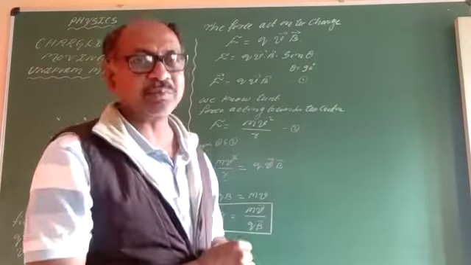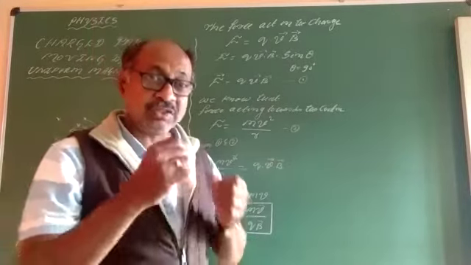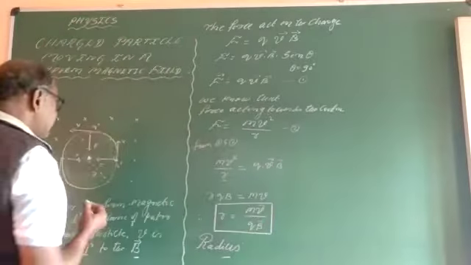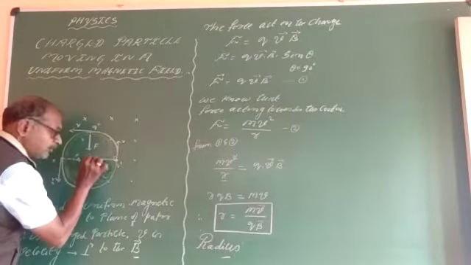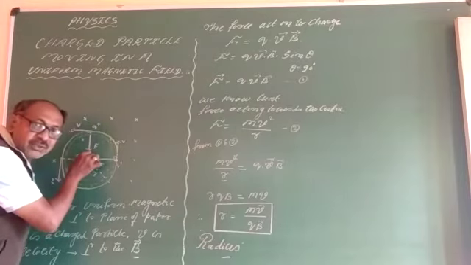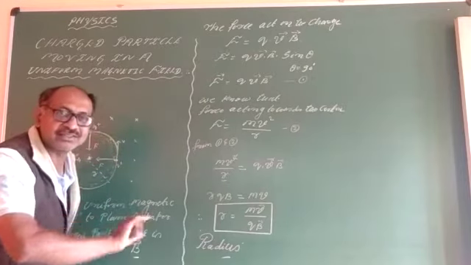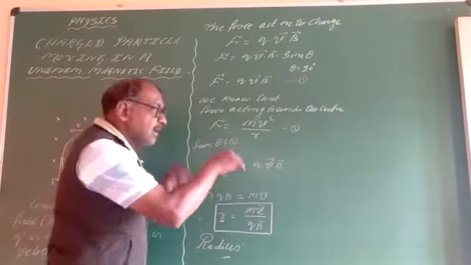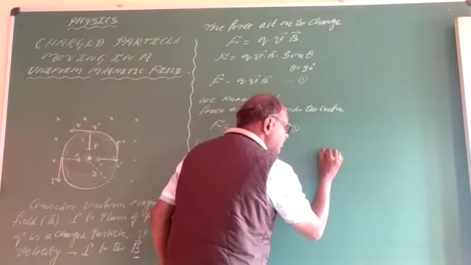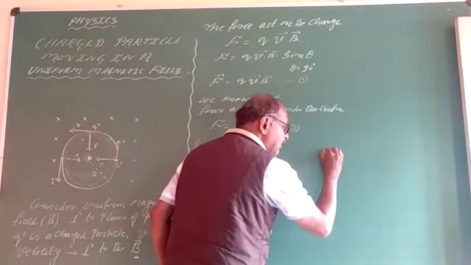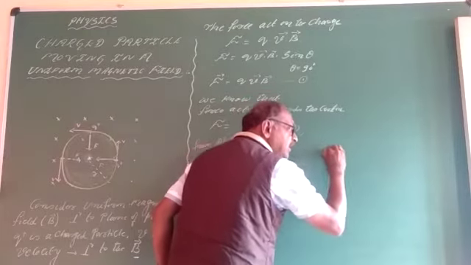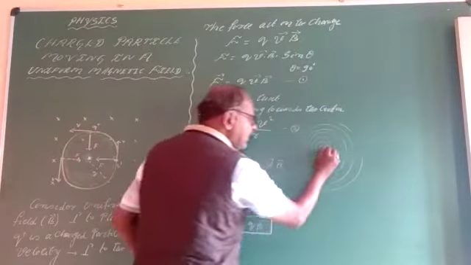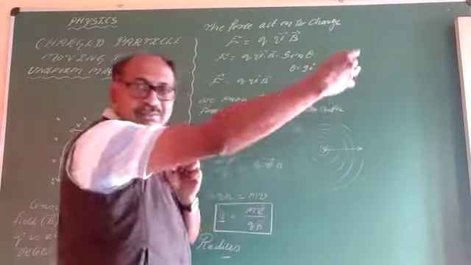Another important concept is that if the velocity is very slow, then the radius is very small. Please compare these two things, radius and velocity. As the velocity goes on increasing, the radius also becomes more.